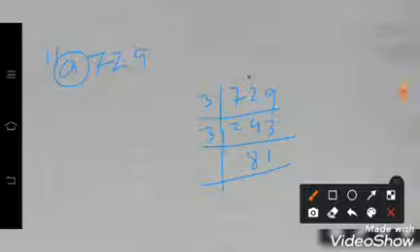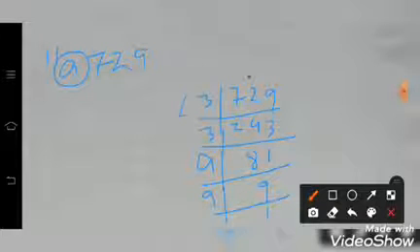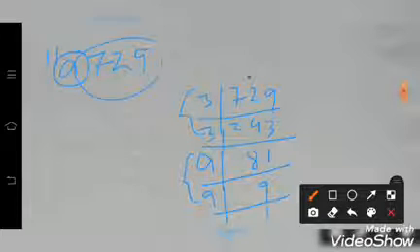And again we can divide here by 9. 9 9s are 81, and here 9 into 1 is 9. So they can be expressed as pairs of equal factors. They have pairs of equal factors 3, 3, 9, 9. So that means this 729 is a perfect square.